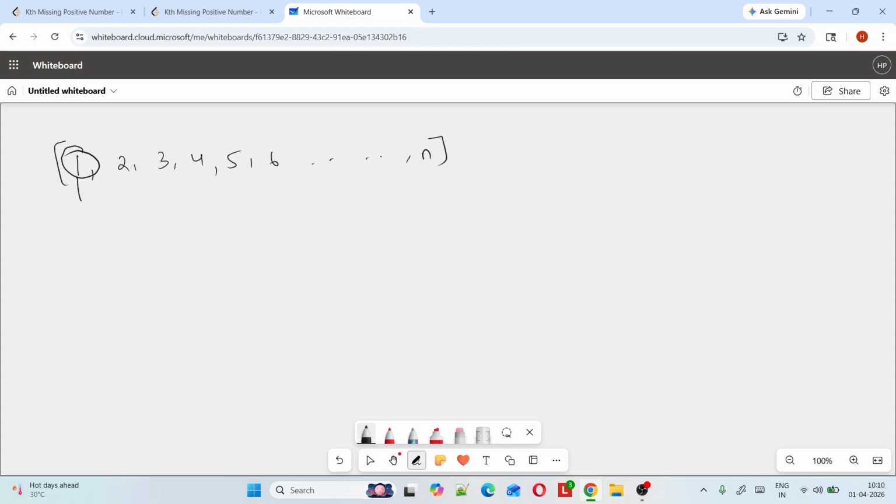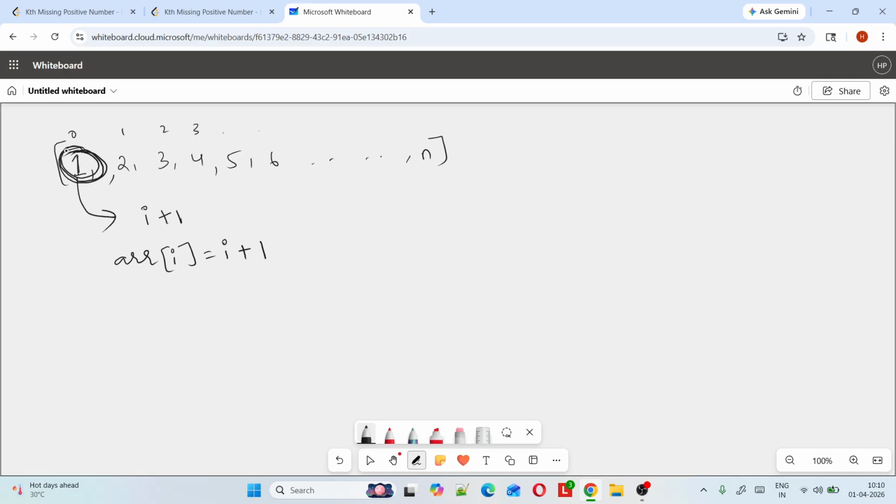For this number, since the index will be 0, 1, 2, 3 and so on, can I write this number as i plus 1? That means array of i equals i plus 1.